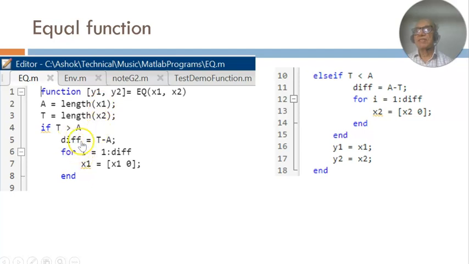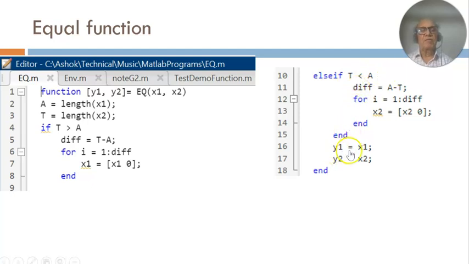So you calculate this difference first, t minus a, and then for i equal to 1 to diff, you append the number of zeros which are required. Similarly, if t is less than a, then you append the zeros to x2. If neither condition is satisfied, it means the lengths are equal and you don't have to do any appending.